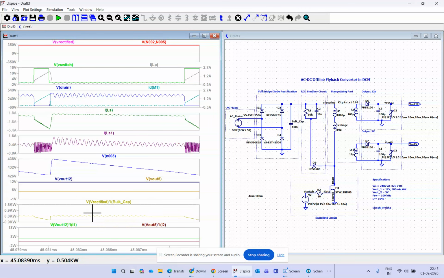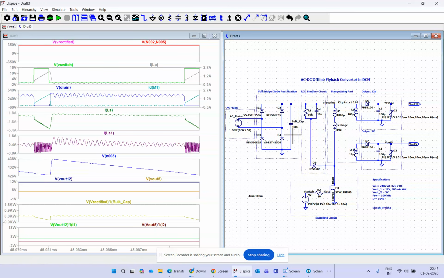And this is the power dissipated across this bulk capacitor, the energy. We can see how much energy this bulk capacitor is handling. So this is the whole circuit. To reach this final circuit, I have made a lot of tweaks and changes in various parameters, like this bulk capacitor.